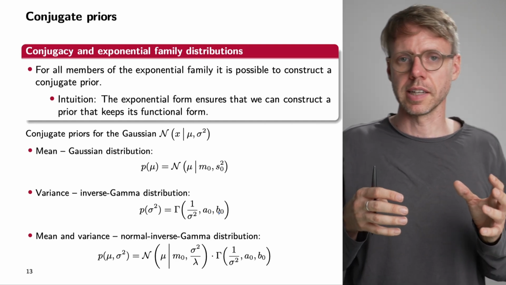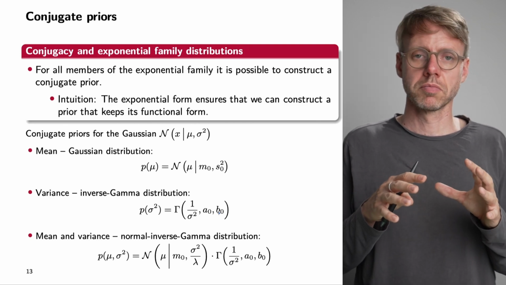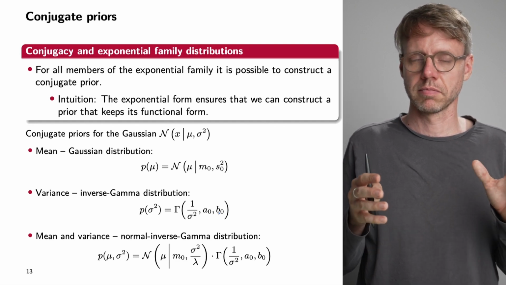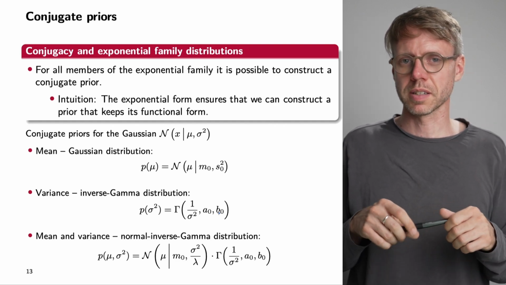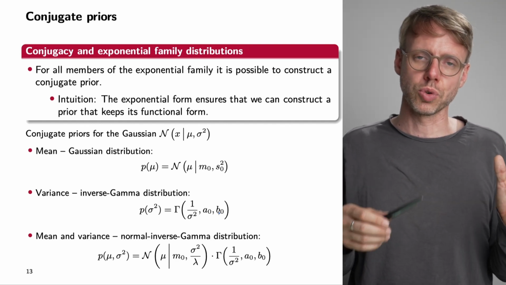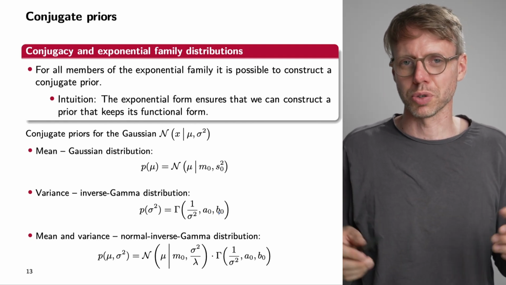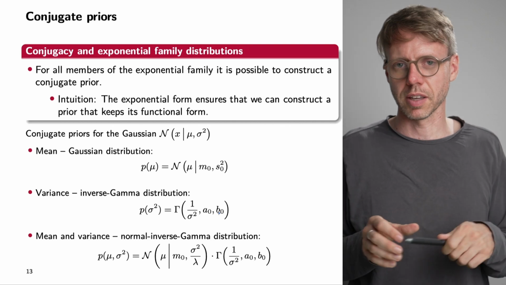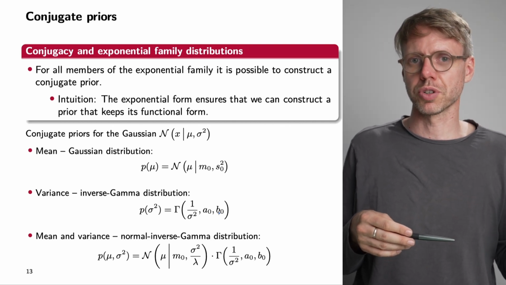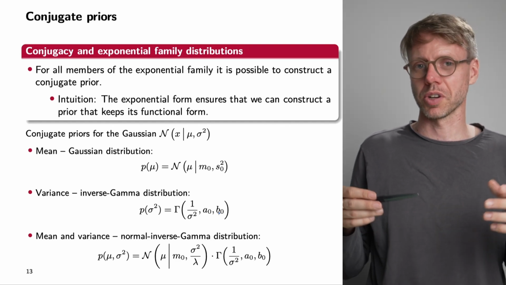There's not necessarily an easy recipe to find it, but all of the commonly used distributions in statistics, except for some weird ones probably, are members of the exponential family, and usually their conjugate priors are known. You can just go to Wikipedia, and if you have a Bernoulli distribution and want to look up the conjugate prior, you will see the conjugate prior is the beta distribution, as we have used in our example before, and so on and so forth.